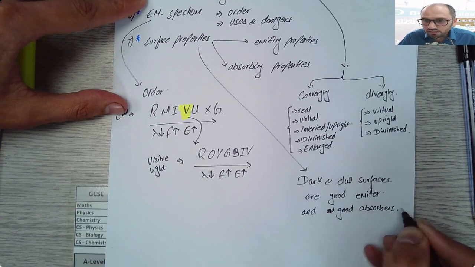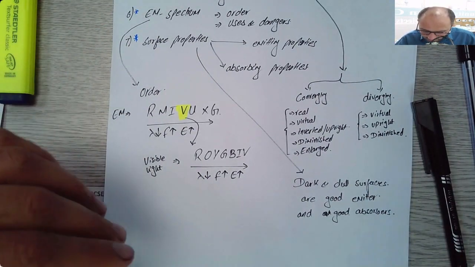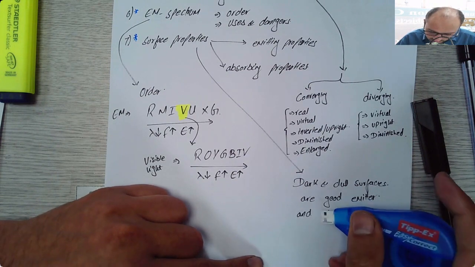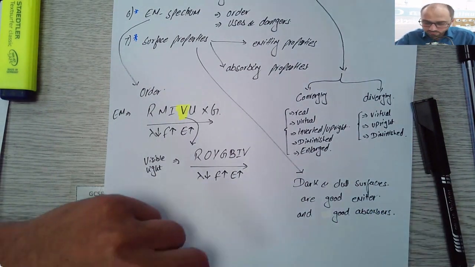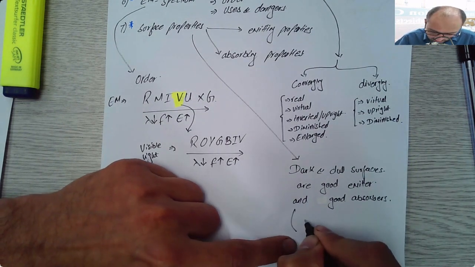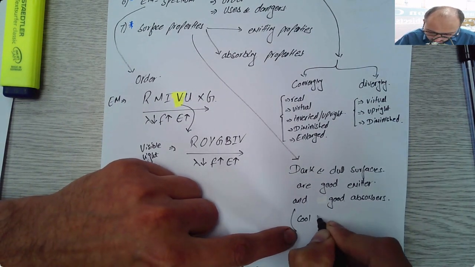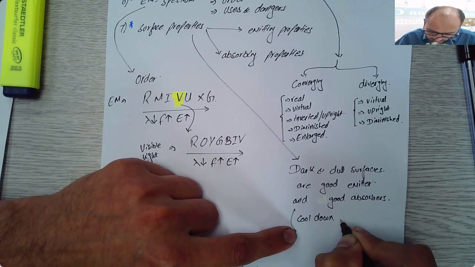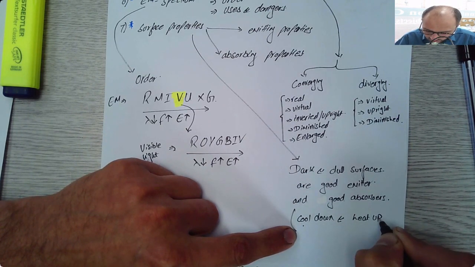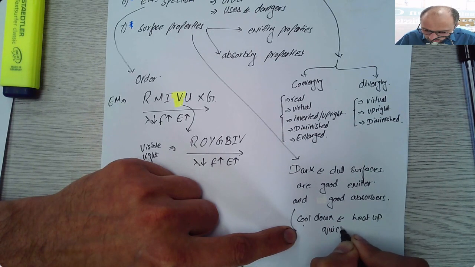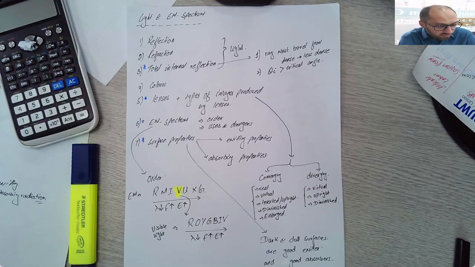So in other words, I can say if I have something that has black color, it will cool down quickly and it will also heat up quickly. So in other words, I can say they cool down and heat up quickly.